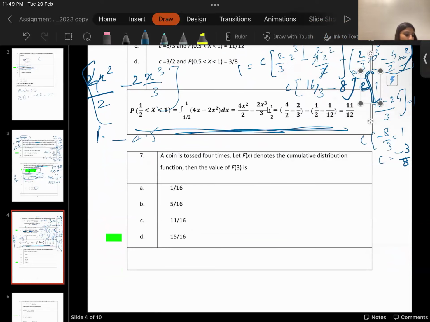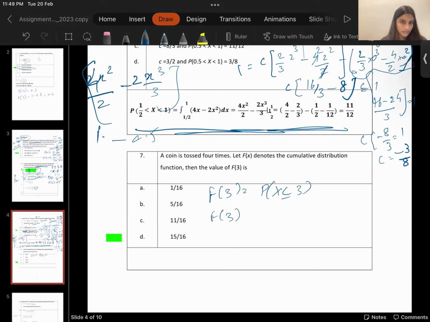So next question, a coin is tossed 4 times. Let F of x denote the cumulative distribution function. Then the value of F3 is: F3 is equal to probability of x less than or equal to 3.